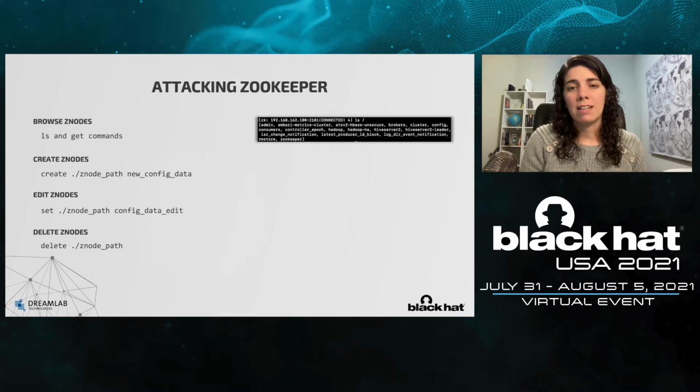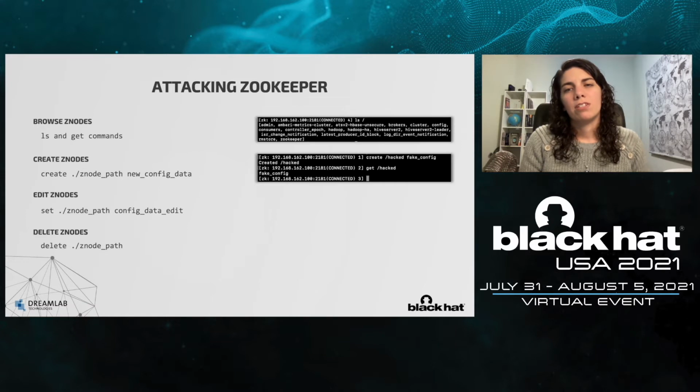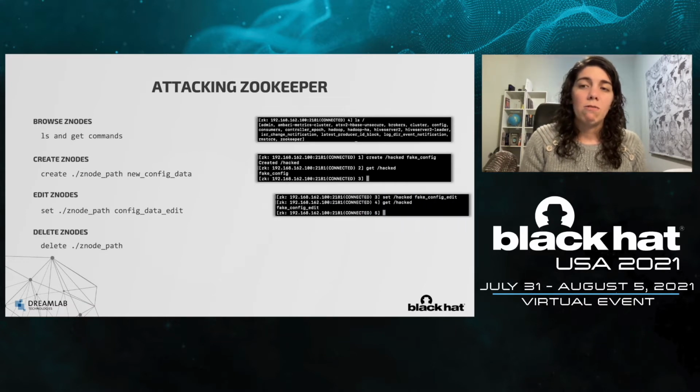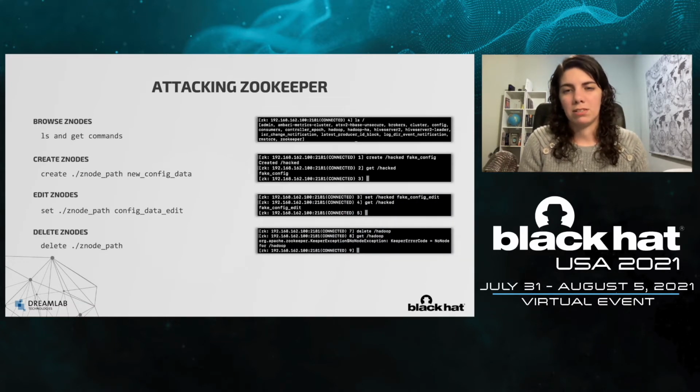We can actually find very interesting information about the configuration of all the components that make up the cluster, like Hadoop, Hive, HBase, Kafka, or whatever. And we could use it for further attacks. We can also create new configurations, modify existing ones, and delete configurations.